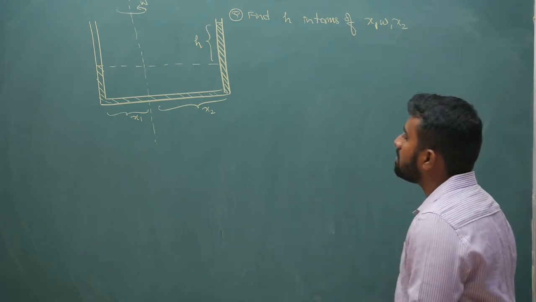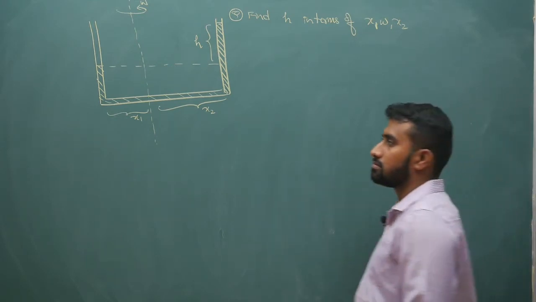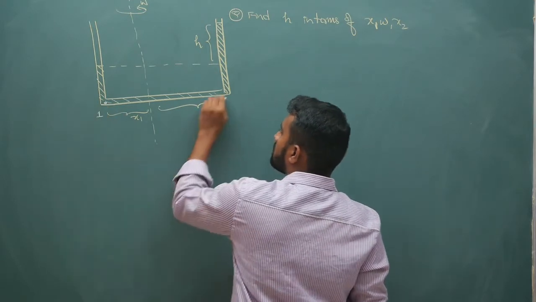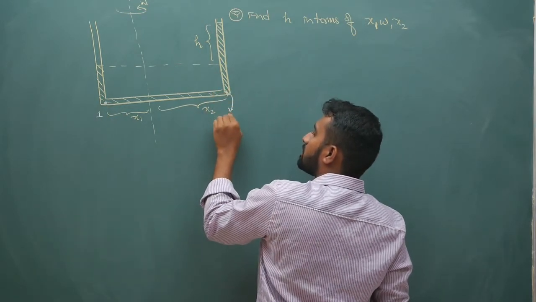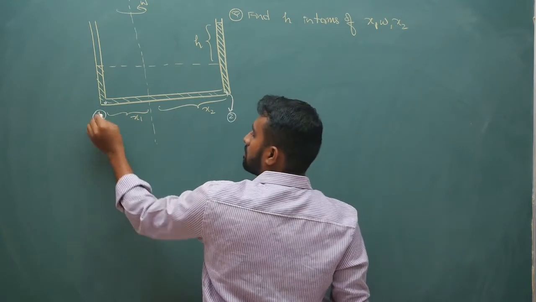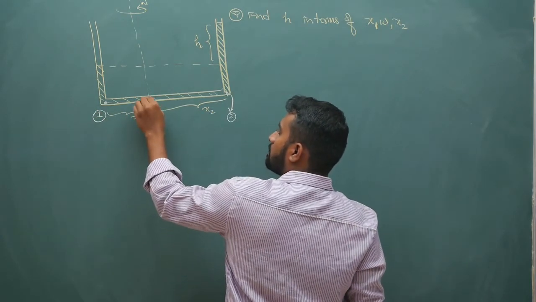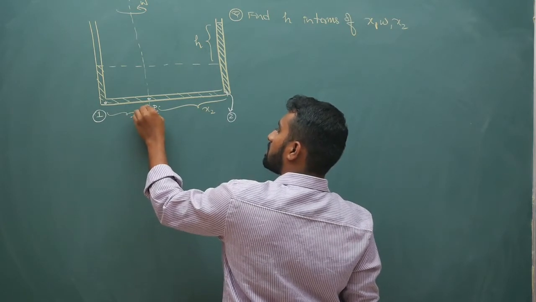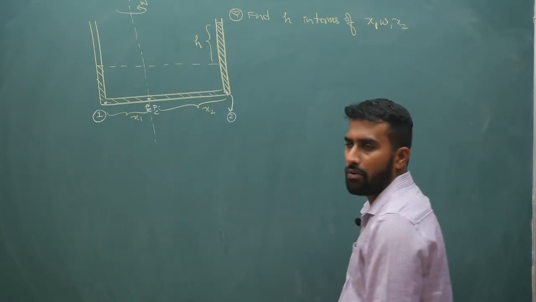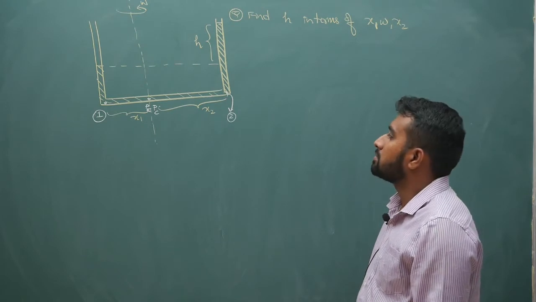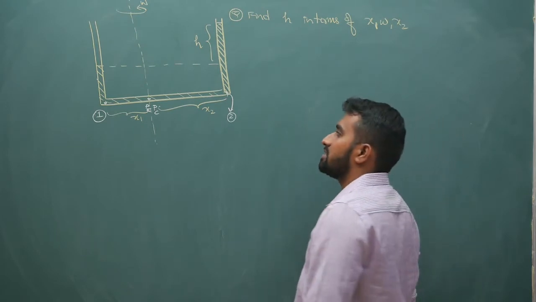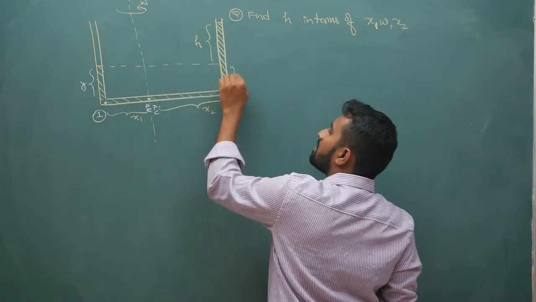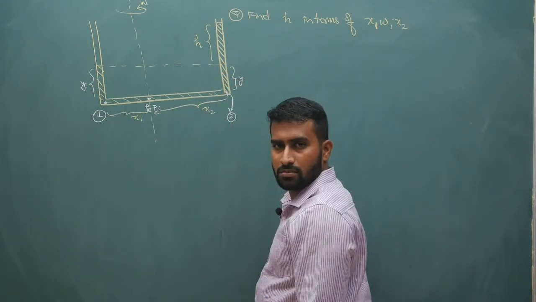So the answer here is, this side if you take it as 1, this side as 2, and on this side you mark the point with some common pressure PC. If this height is y, then this side the height is h plus y.